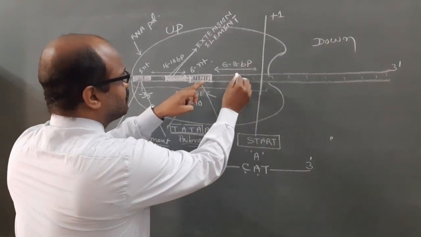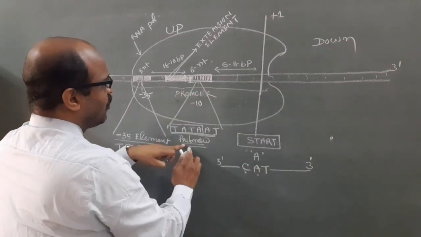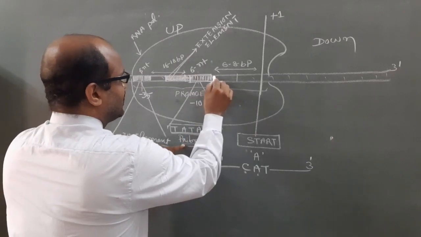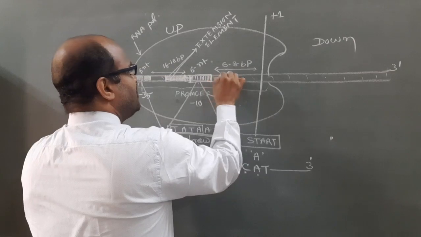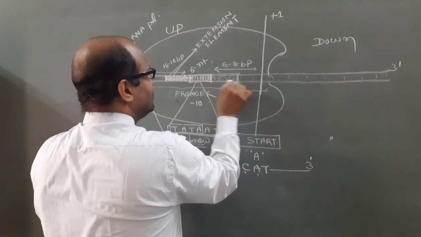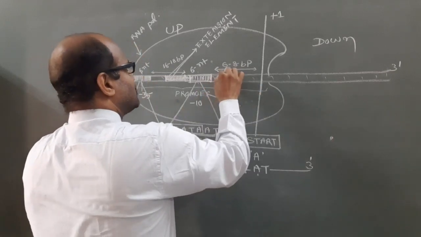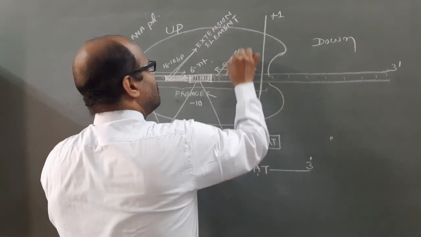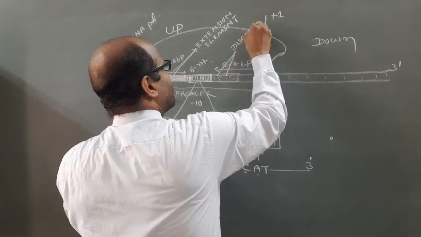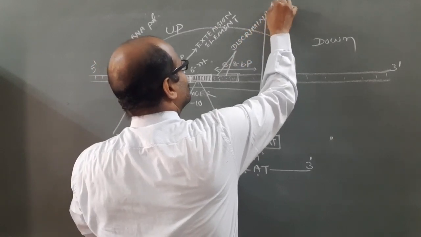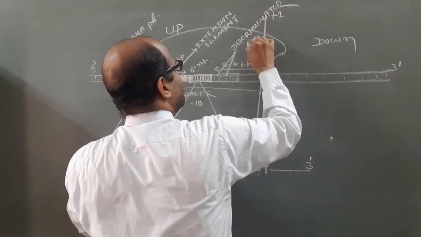These sequences are known as the discriminator. This is the discriminator element.